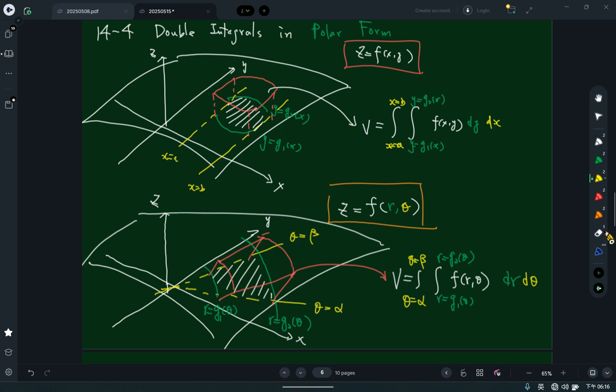In polar form, we have the order dr first and then d theta.